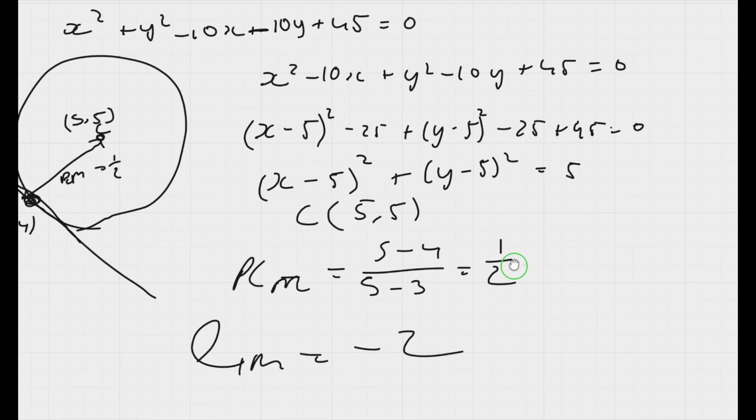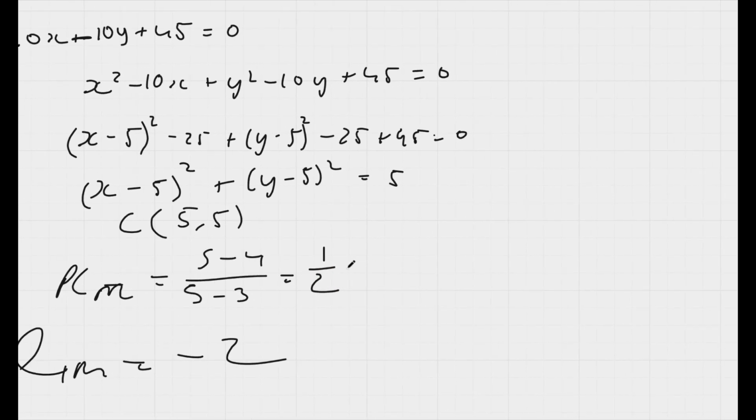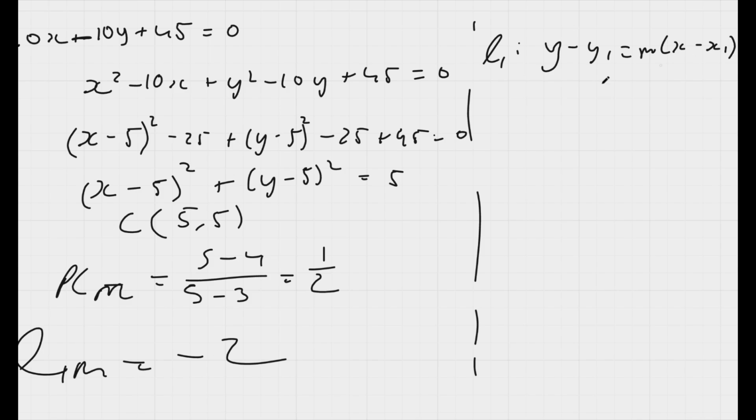Great. That means that we can get an equation for L1. And I'm going to this time use the other type, so y minus y1 is equal to m times x minus x1, because last time I did it and it took longer.